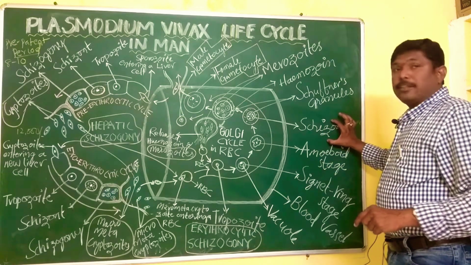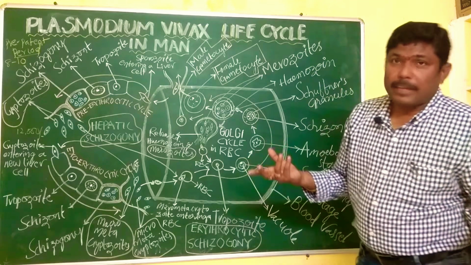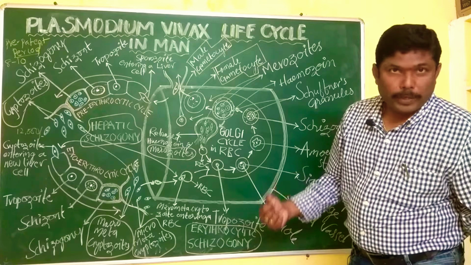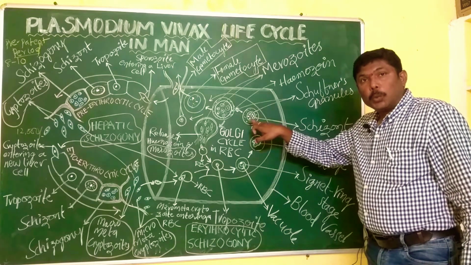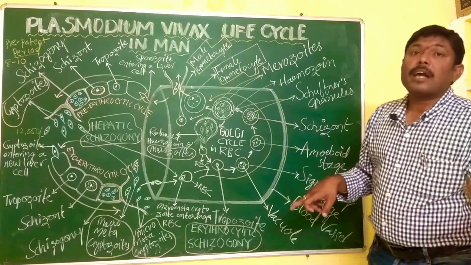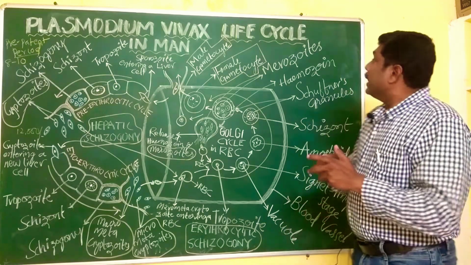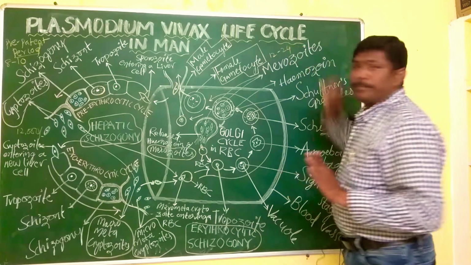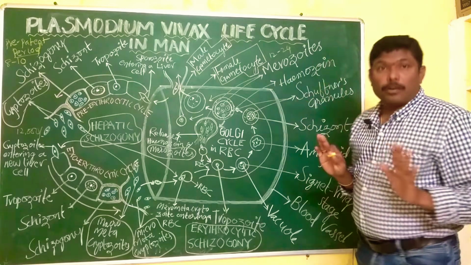In this schizont stage, it undergoes asexual reproduction, which we call as schizogony. That means the nucleus divides into many nuclei, and each nucleus is surrounded by some amount of cytoplasm. As a result of that, nearly 12 to 24 merozoites are formed.